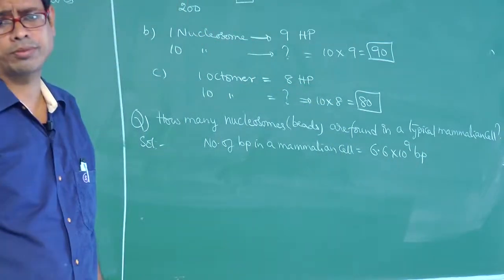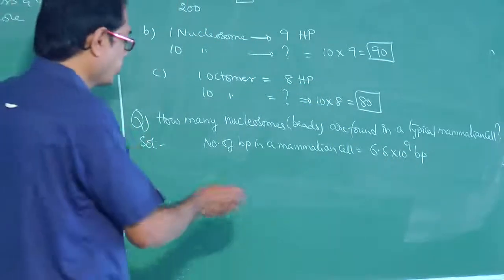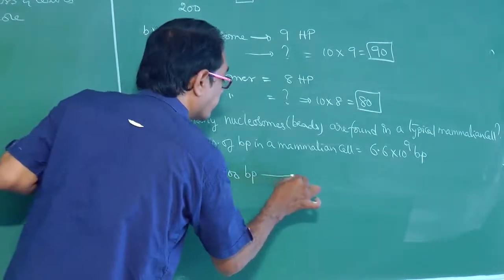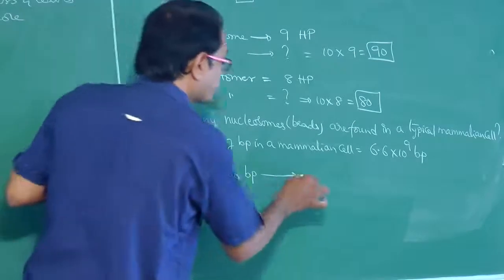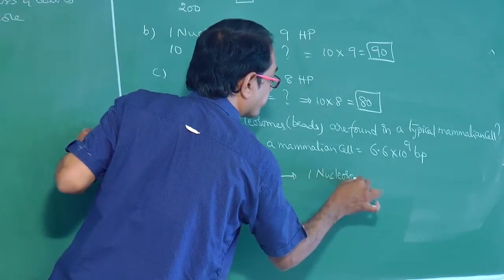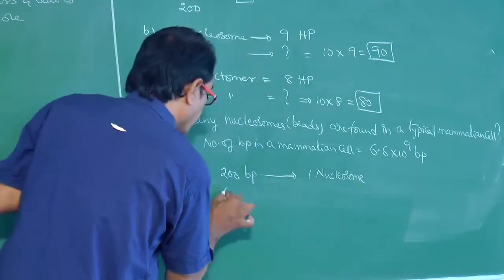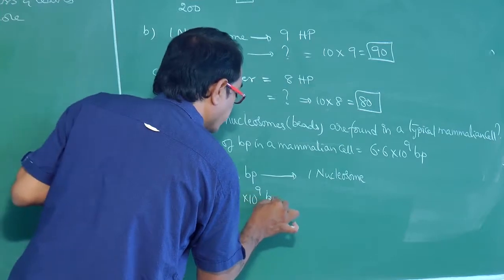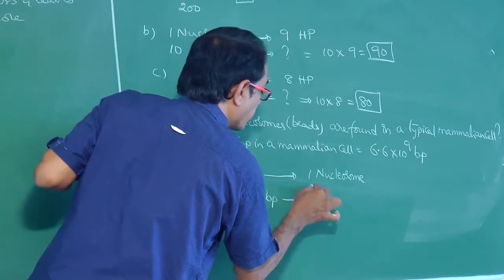This we have to remember, right? Then for 200 base pairs, one nucleosome. For 6.6 into 10 power 9 base pairs, how many?